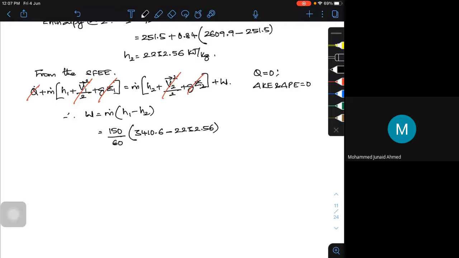I'm going to get directly in terms of kilowatts. Can you tell me? So 2945.1, 2945 kilowatts. This is the value of the work done or power required.